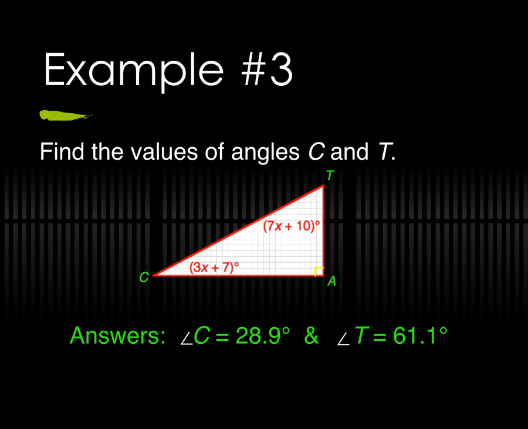I did 7x plus 10 plus 3x plus 7 equals 90. Combine like terms. So he just did 3x plus 7 plus 7x plus 10 plus 90 equals 180. Subtract 90 from both sides, it's the same equation. So you could either set all three of these equal to 180, or you can add these two up and set them equal to 90, based on what we talked about earlier.